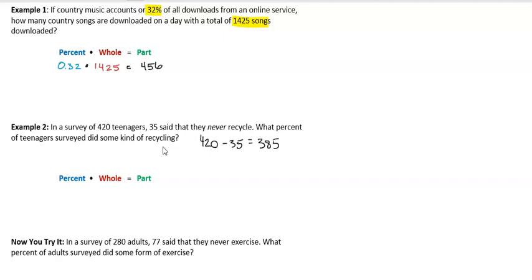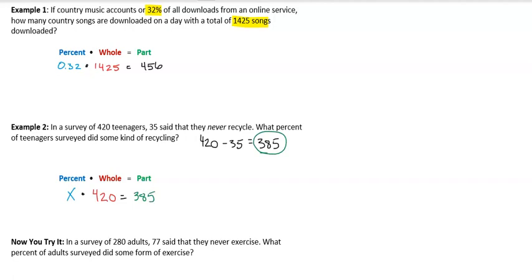So we need to figure out what the percent is in this case. So percent is the x, that's the unknown. The whole is 420. So x times 420 equals the part, which is 385. That's this number here.